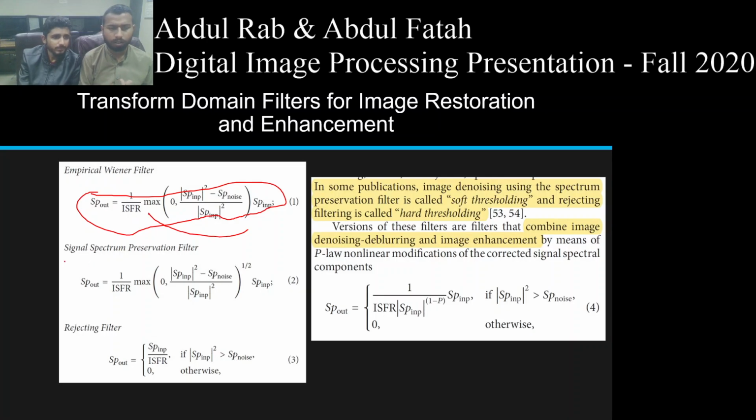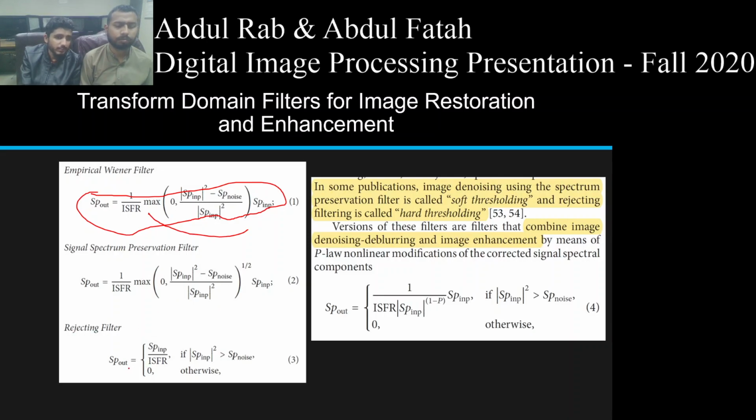The second one is the signal spectrum preservation filter. It is just like the empirical Wiener filter, but here there is a square root of the maximum of this term. The third one is the rejecting filter.